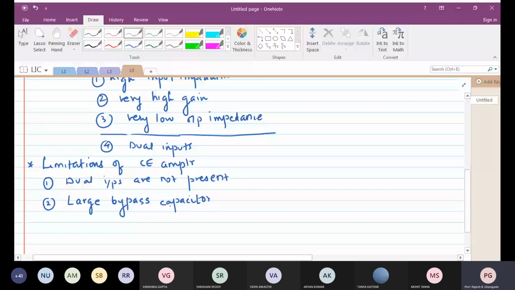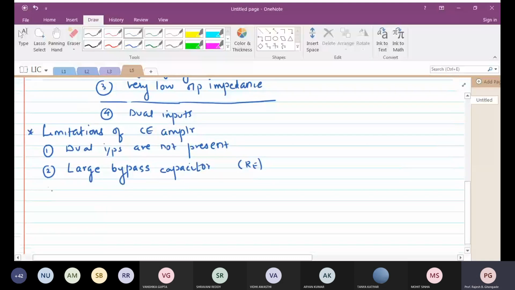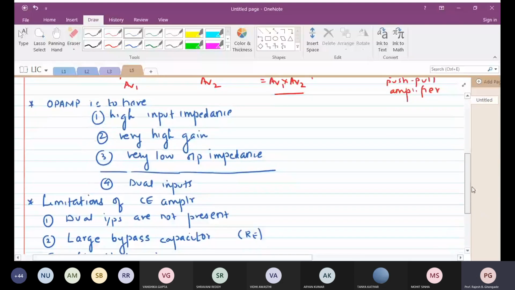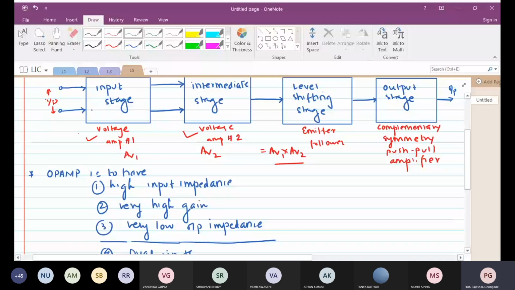If you remember, which bypass capacitor? The one which is in parallel with RE. Okay, and we have a limited gain. So these are the basic limitations of common emitter amplifier, and hence we cannot use the common emitter amplifier for this input stage and the intermediate stage also.